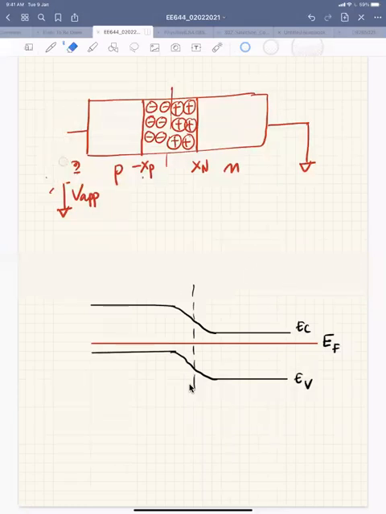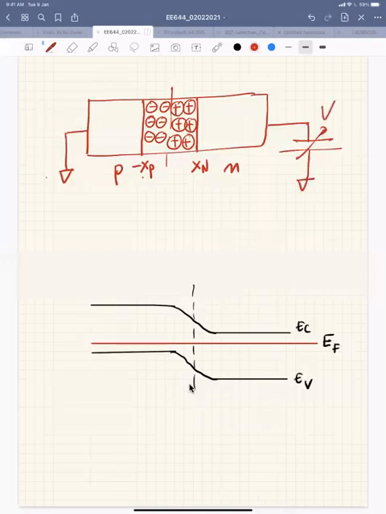Let's not apply any voltage here; let's apply a minus V applied here. So this is the forward bias condition, right? And this is my band diagram in the equilibrium condition.